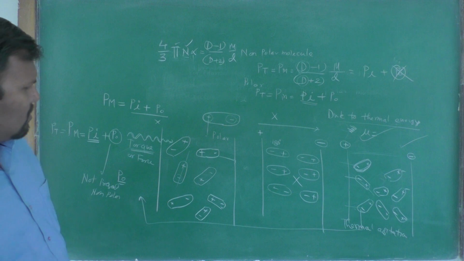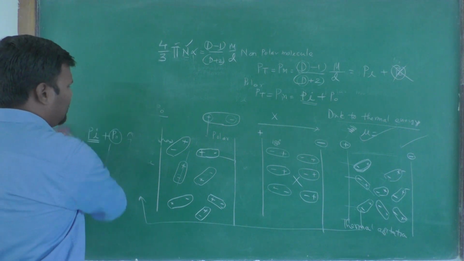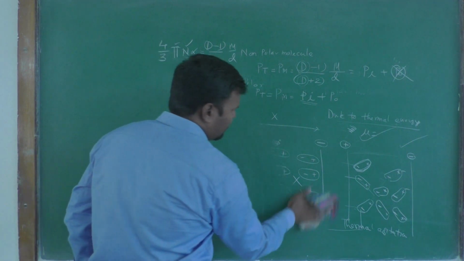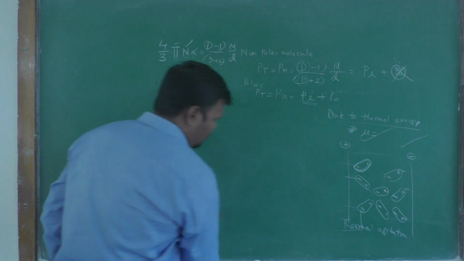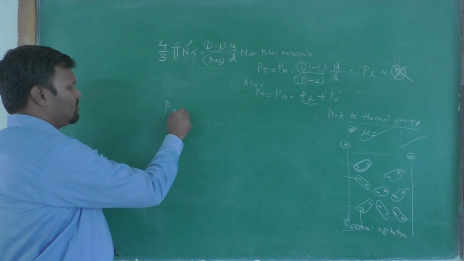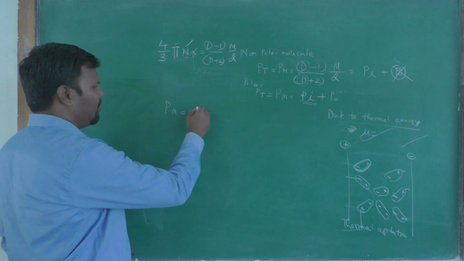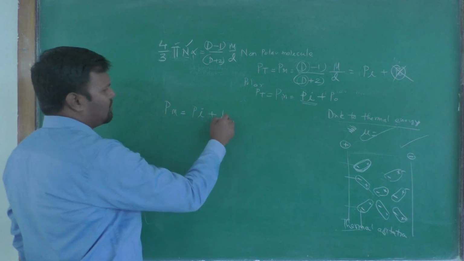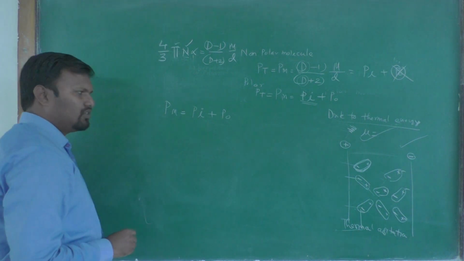Now we have to find the equation for the polar molecule. For a polar molecule, the molar polarization or total polarization will be equal to the induced polarization plus the orientation polarization.